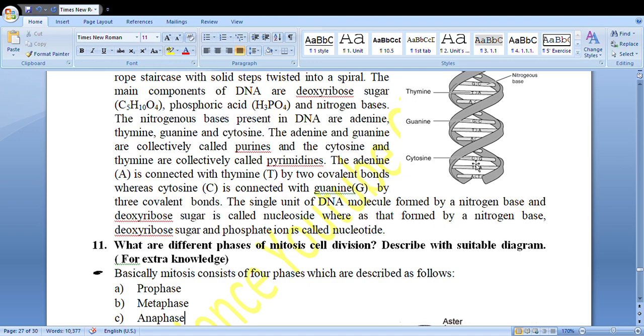This is all about the DNA structure. Everything is explained about DNA structure.